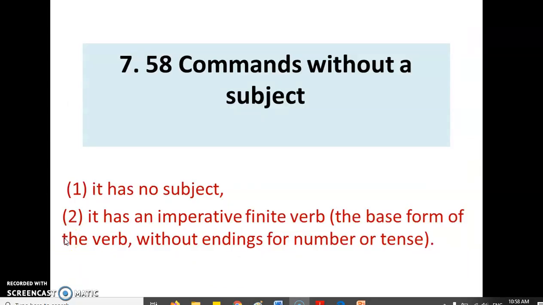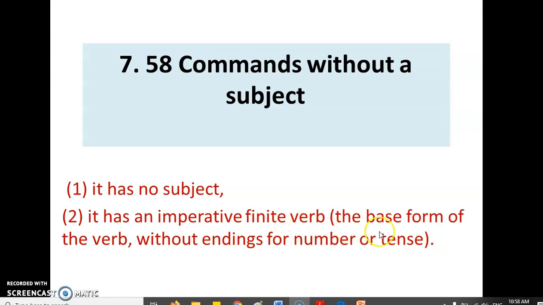Number one, commands without a subject. When we say commands, we mean imperative sentences without a subject. The characteristic of these sentences is that they have no subject, and they have an imperative finite verb.